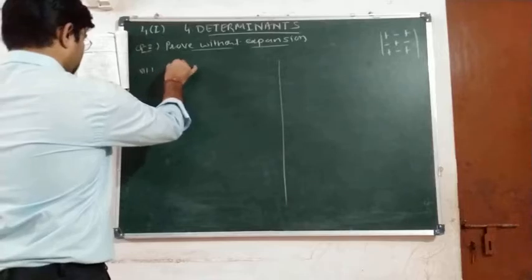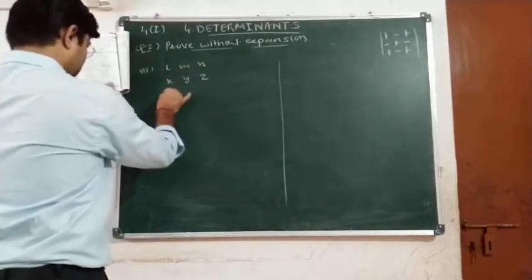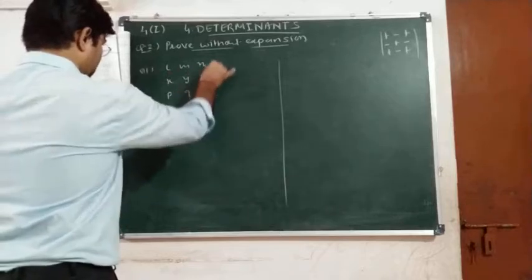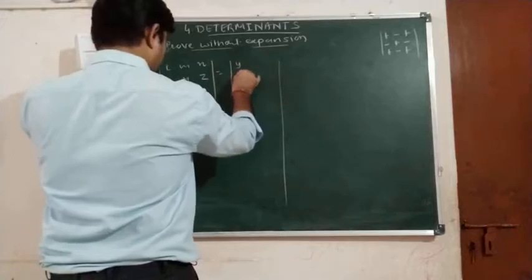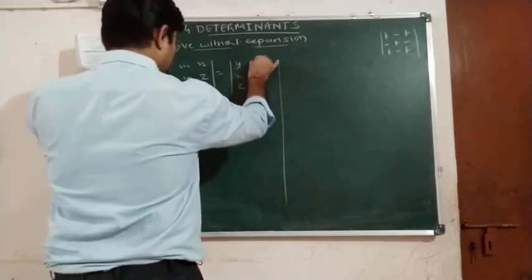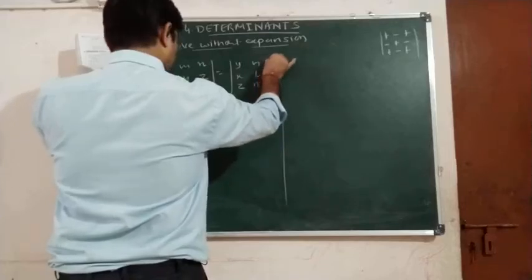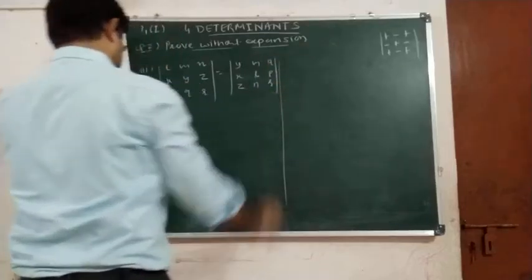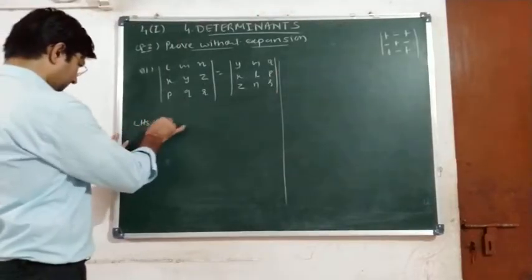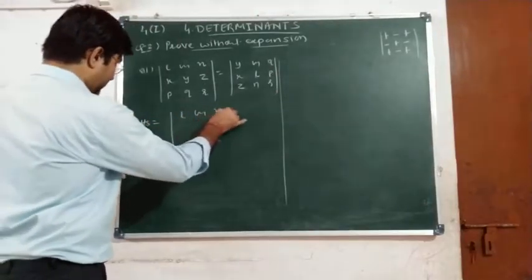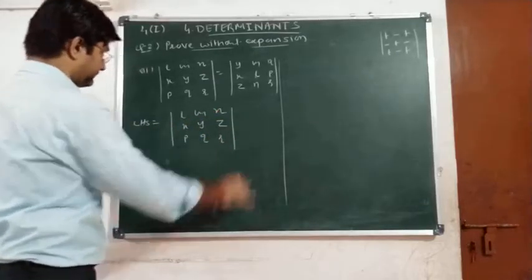The third question is the determinant LMN, XYZ, PQR is equal to the determinant YXZ, MLN and QPR. So one determinant on the left hand side is given. Let us take the LHS: L M N, x y z and p q r.